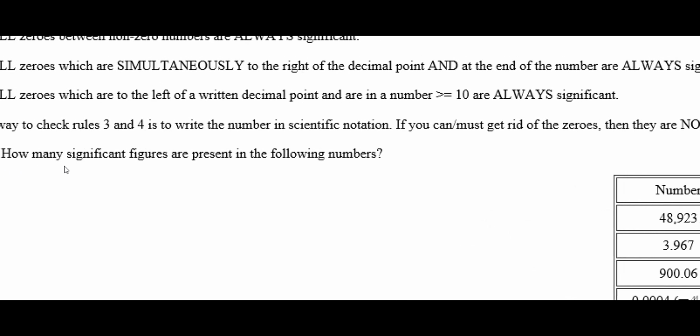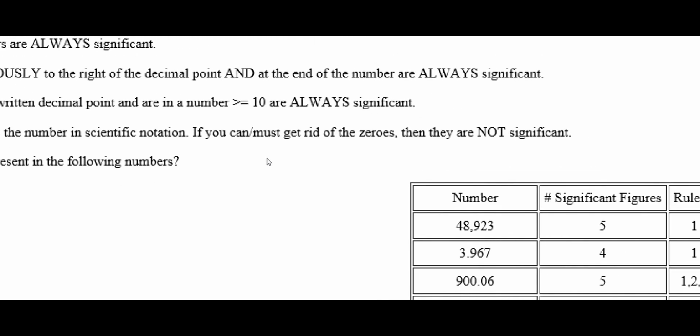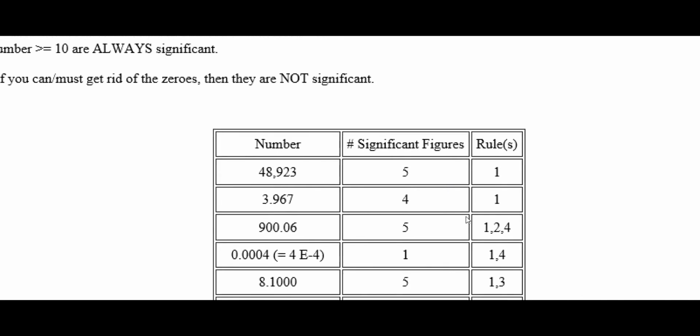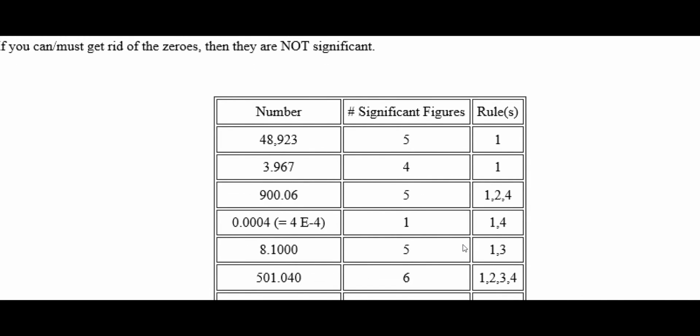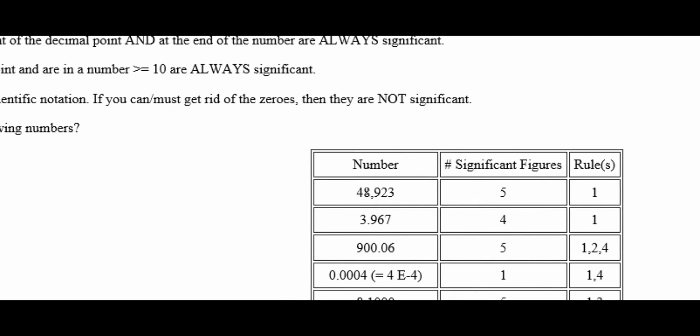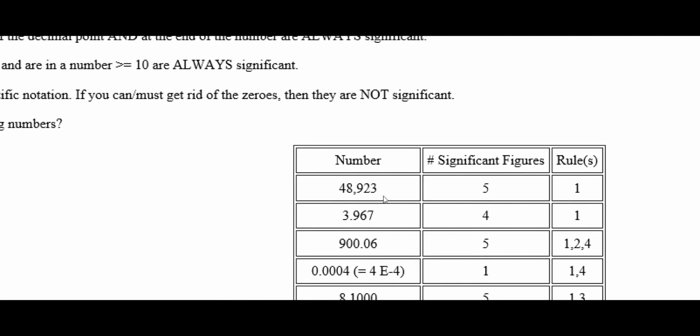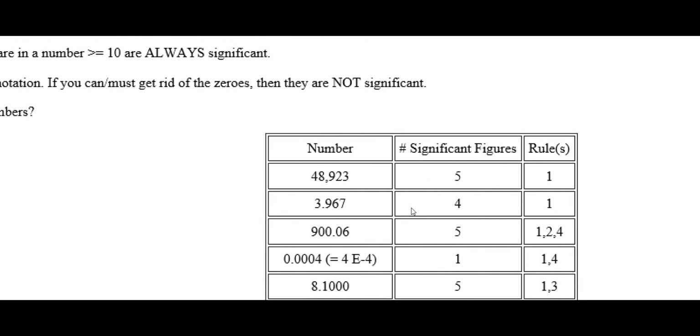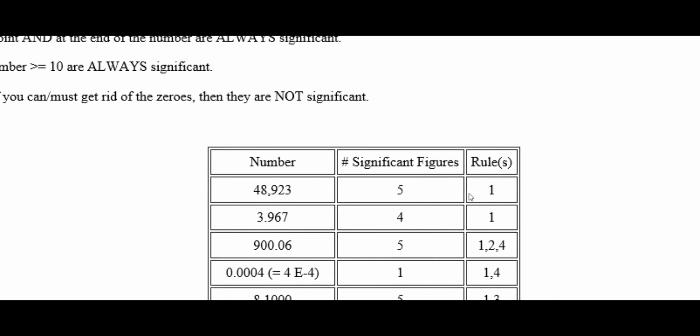Examples. How many significant figures are present in the following numbers? Well, let's take a look. 48,923. 1, 2, 3, 4, 5. There's 5 numbers that are all significant digits. So that's going to be 5.